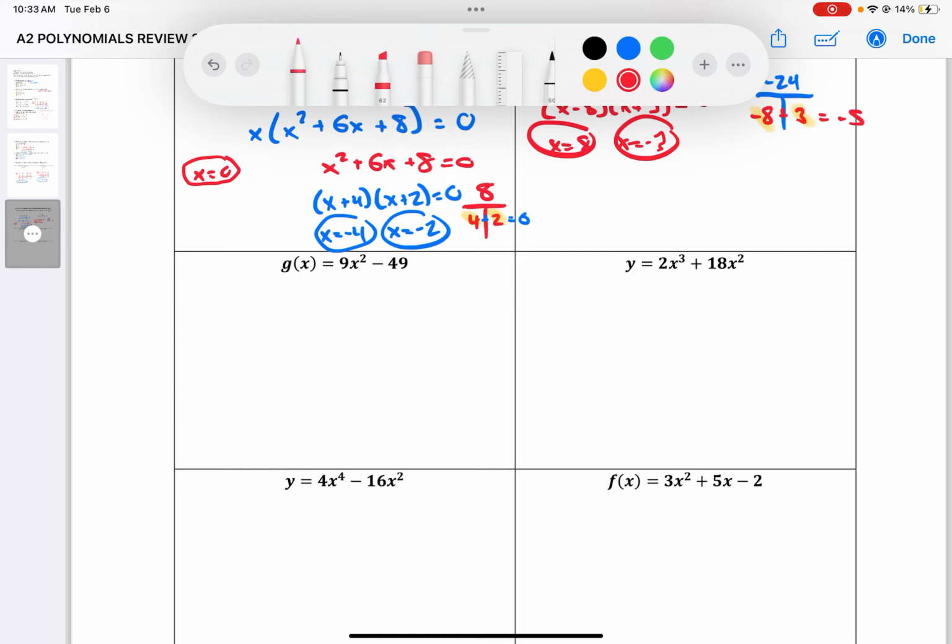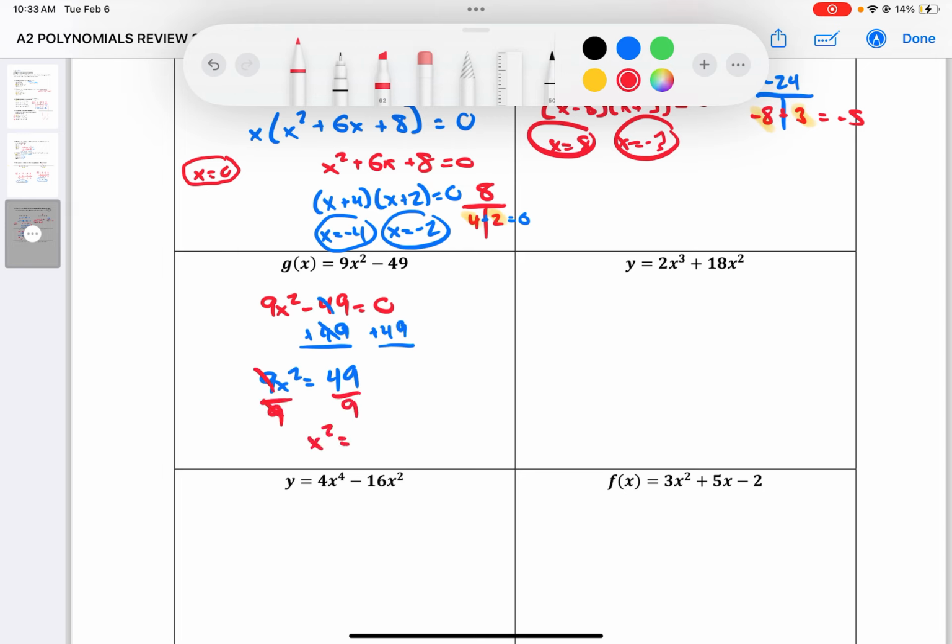What we can also do is just solve the equation because there's only one variable, right? So I have 9x squared minus 49 equals 0. And I just do equation solving, right? I got to add 49 to both sides. Then I got to divide both sides by 9.